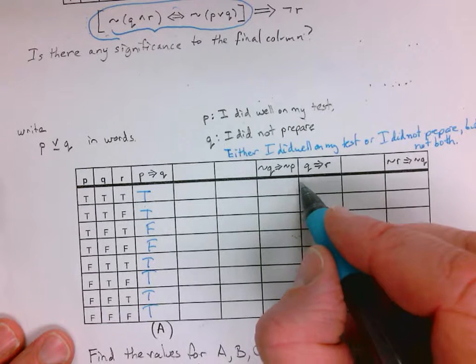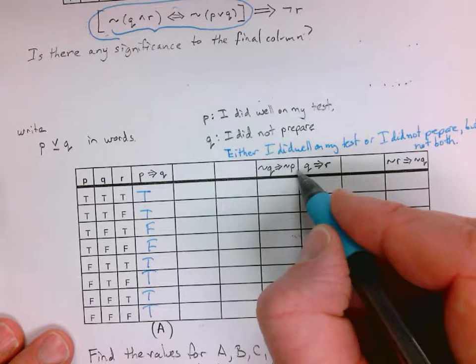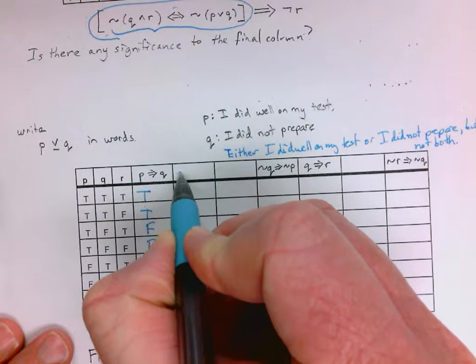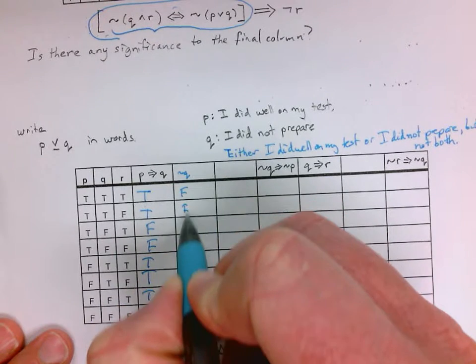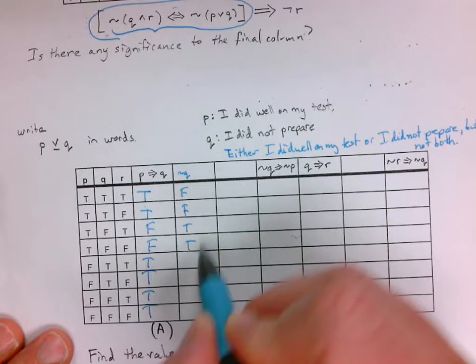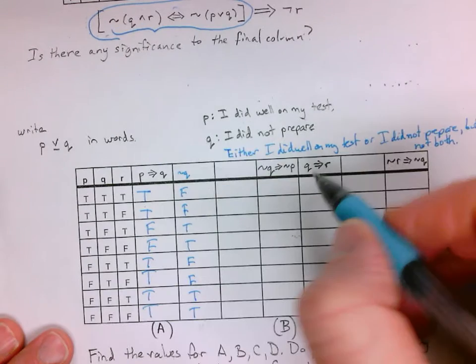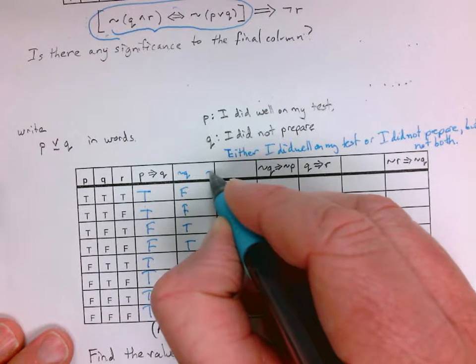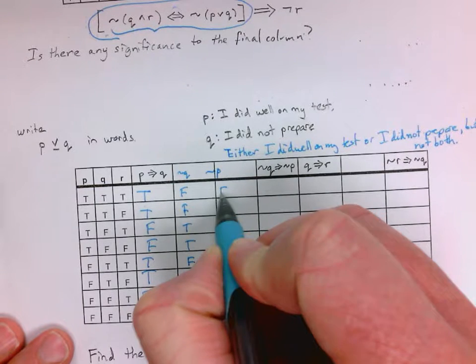And then not P implies not Q, so or not Q implies not P. So we're going to need a not Q. False, false, true, true. Need a not P. False, false, false, false.